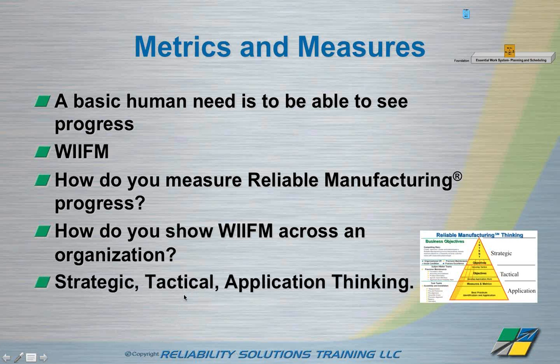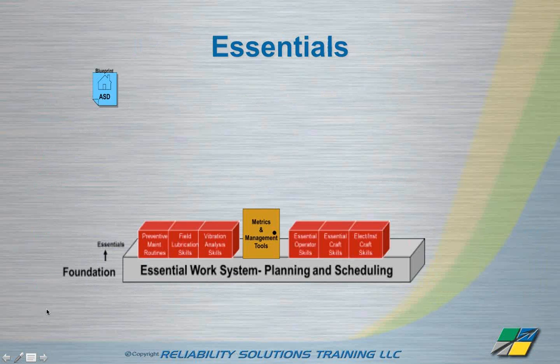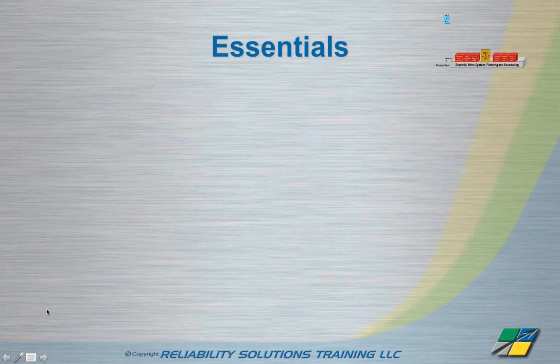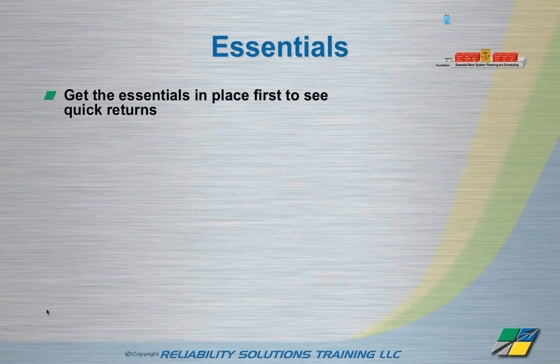So this is what I'm going to be talking about in a little bit: strategic, tactical, and application thinking, and how we tie metrics and measures to reliability improvement, and most importantly, to our business goals. The essentials are, of course, the first layer of bricks in our house, and this deals with the foundational skills and essential skills.